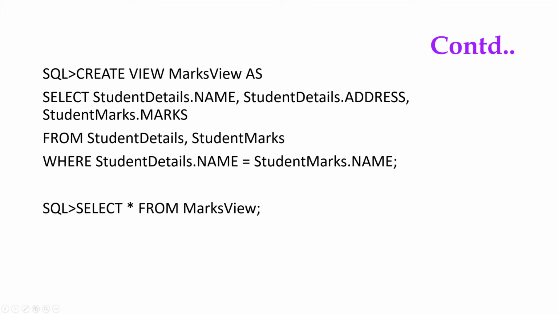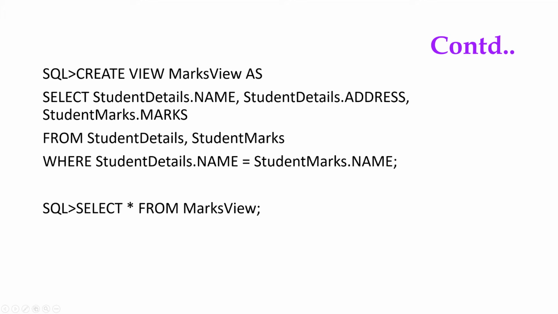So I have chosen two fields from student details, namely name and address. Then student marks dot marks. So I am choosing the marks attribute from the student marks table. So I have chosen the attributes from the relations student details, student marks, where student details dot name should be equal to student marks dot name.